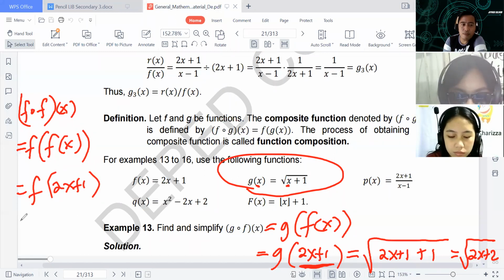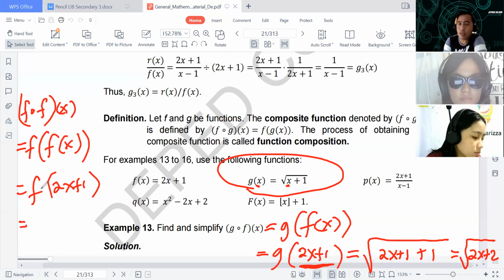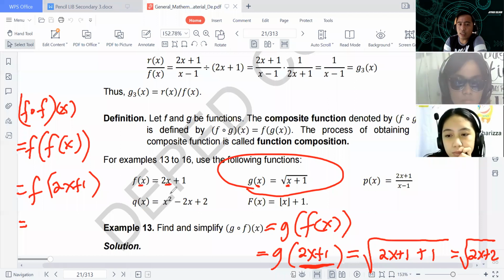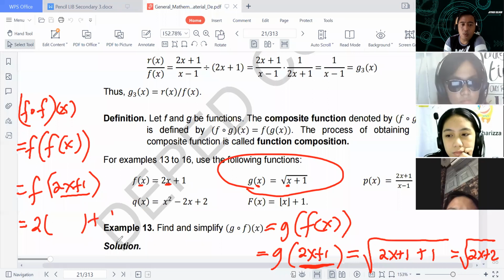And this time, you will perform this under the function f. And we know, if this is x, this is x. But this time, this is 2x plus 1. But what is the input? The input now is 2x plus 1.